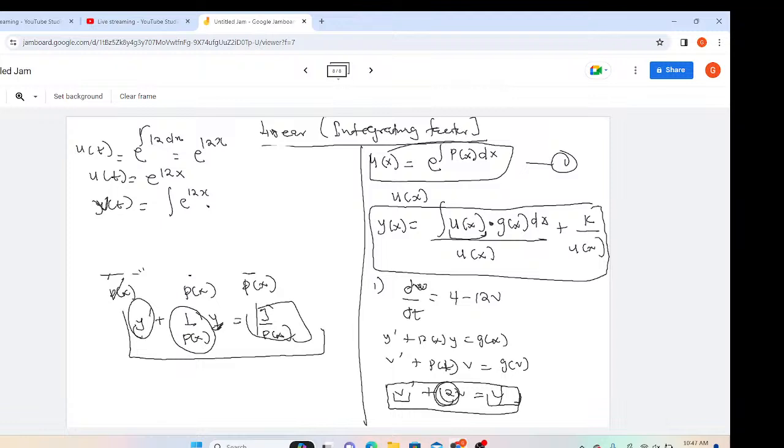Like I said, the right hand side is supposed to be either a constant or a function of x. Now this is a constant. So multiply by 4 dx, all over u of x, exponential 12x, plus k over exponential 12x.